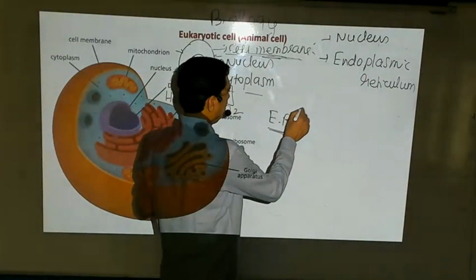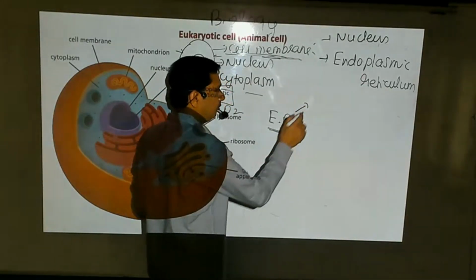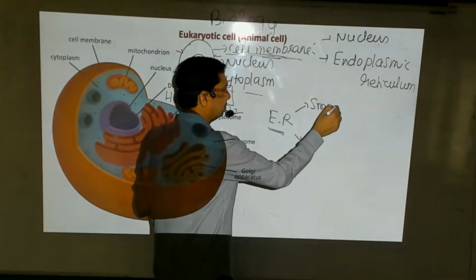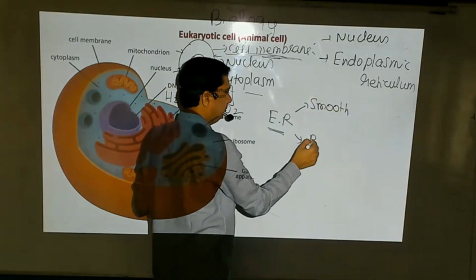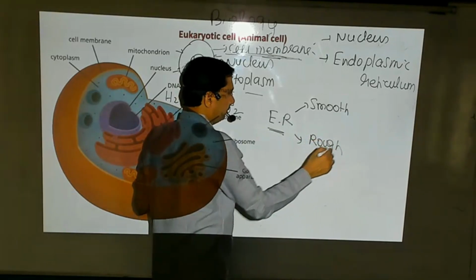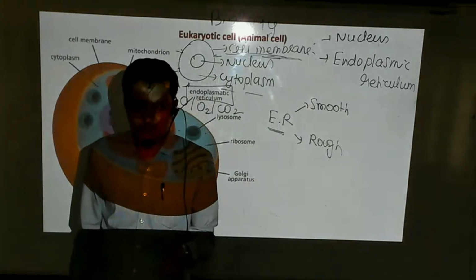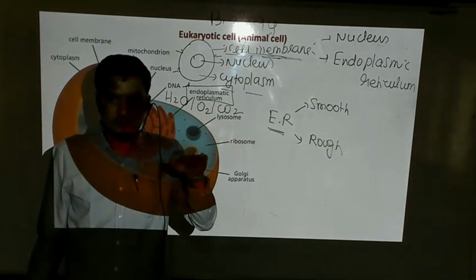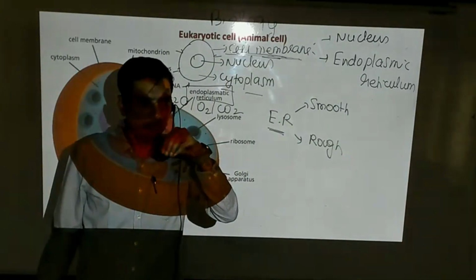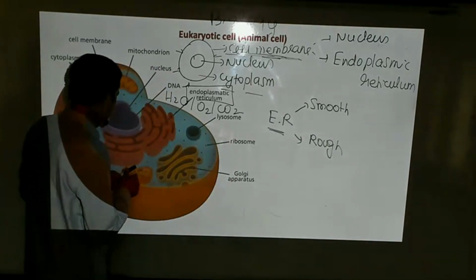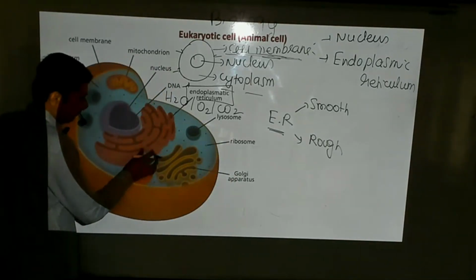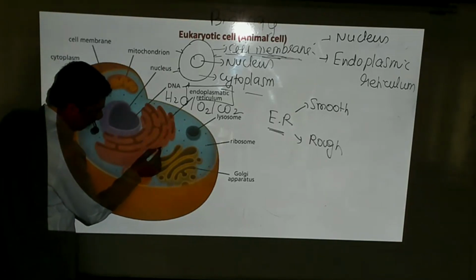ER can be divided into two types. We have what is called smooth ER, smooth endoplasmic reticulum, and rough endoplasmic reticulum. Because when scientists observe these structures under microscope, part of it is rough, as if there is something sitting on this organelle. If you see in the image here, this membrane like folded structures, there are dots on them.